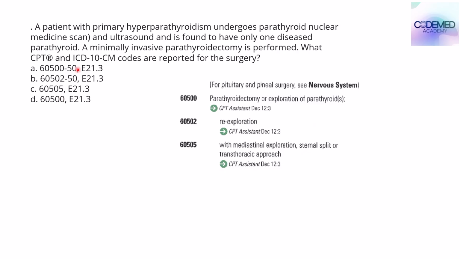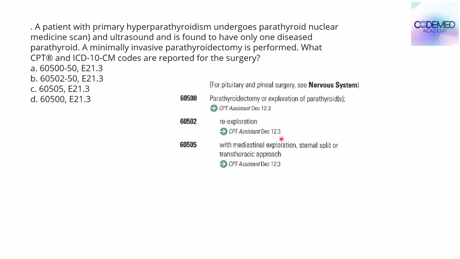So if you see, the code 60505 is parathyroidectomy or exploration of the parathyroid, re-exploration with a mediastinal exploration, sternal split or transthoracic approach. So definitely this hasn't happened, because no mediastinal exploration has happened. What happened is, in between these two. And was there a re-exploration?